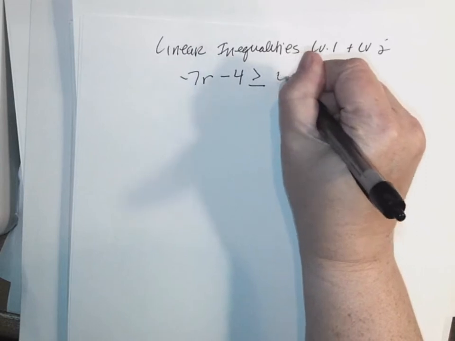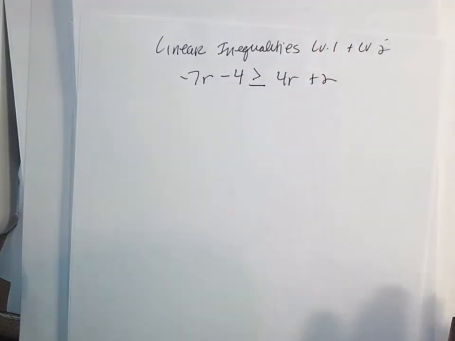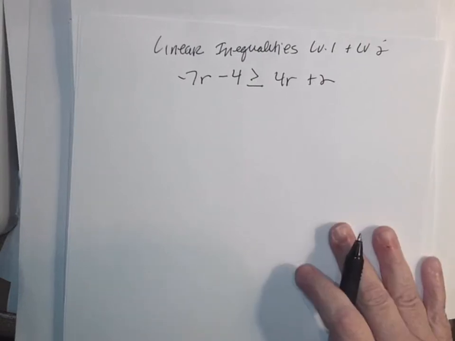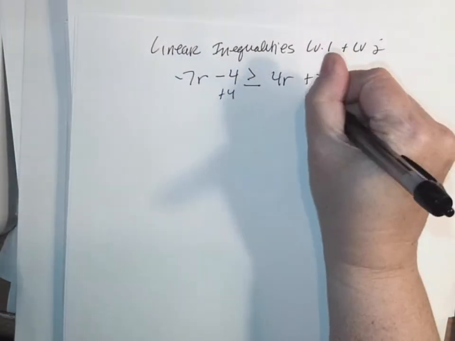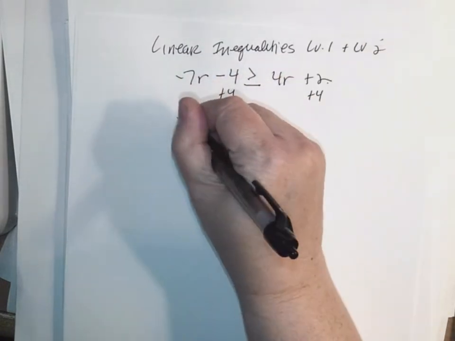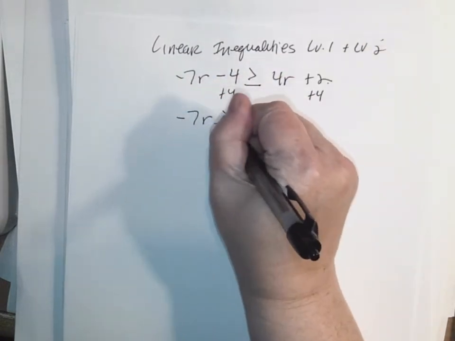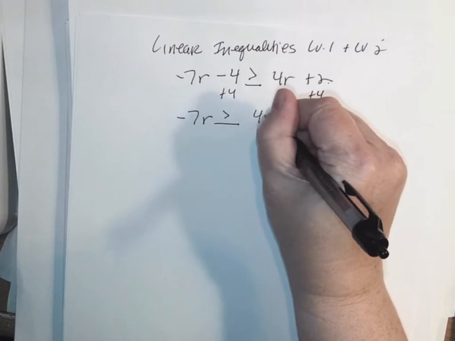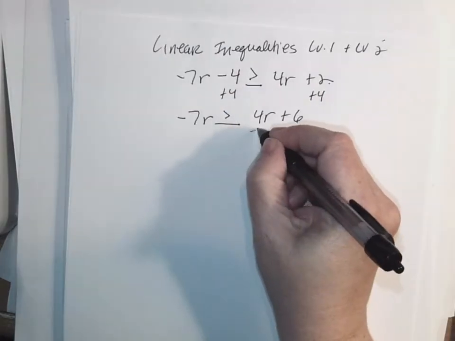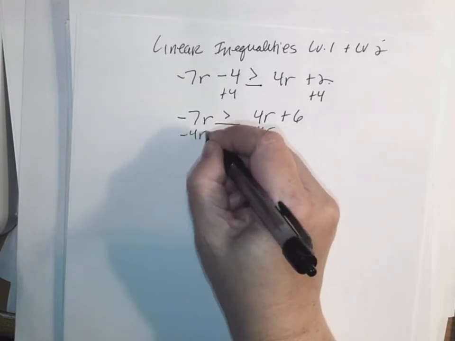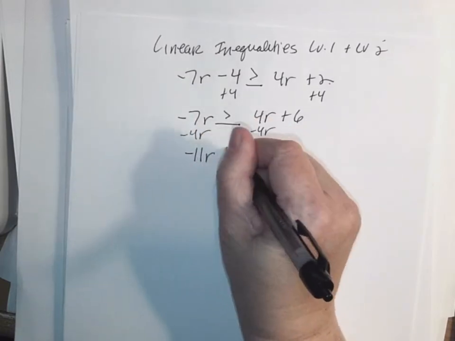Again, we want to solve for r. One of the ways you could do this is to add 4 to both sides. So it becomes negative 7r is greater than or equal to 4r plus 6. I'm going to minus 4r off both sides, and it becomes negative 11r is greater than or equal to 6.